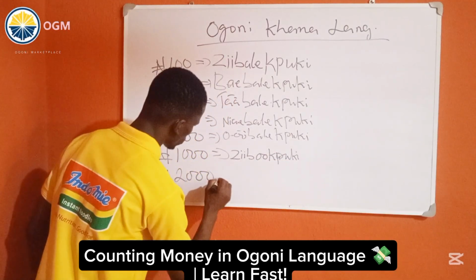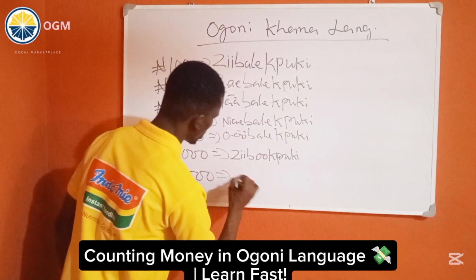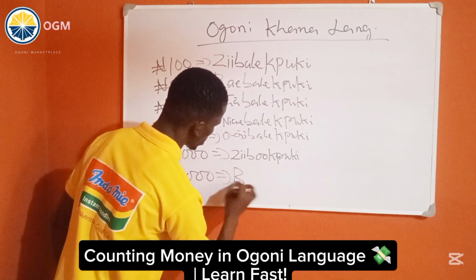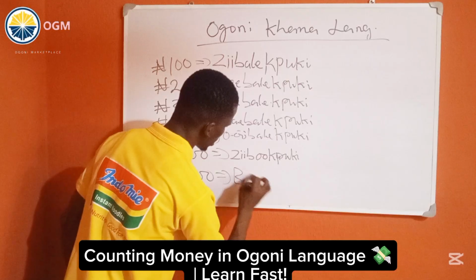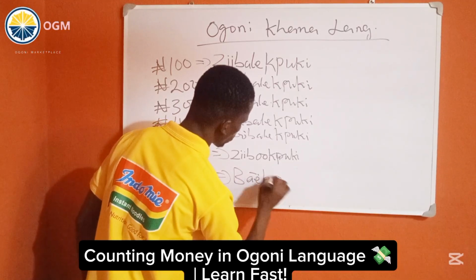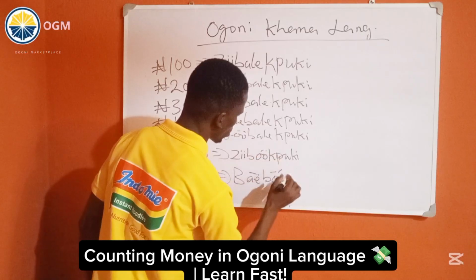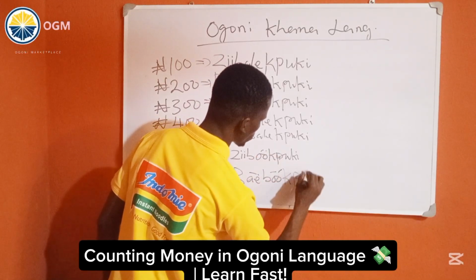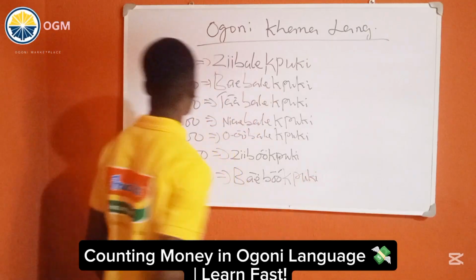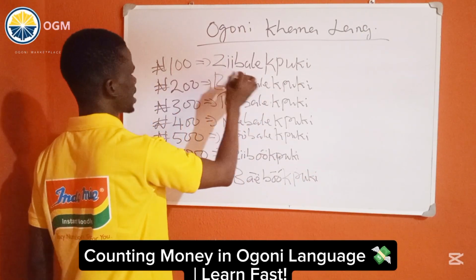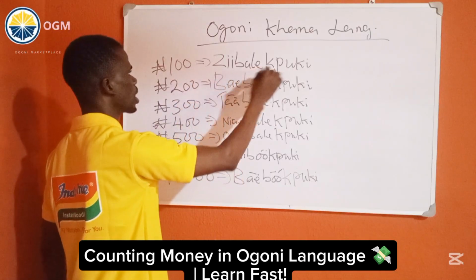Here we have 2000, which is ba bo boogie. So for instance, someone asks you what is 100 naira in Kana language, it's called zinbele boogie.